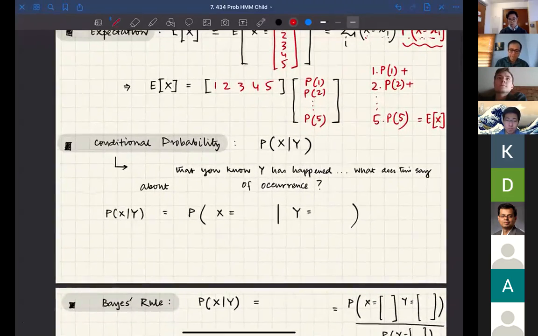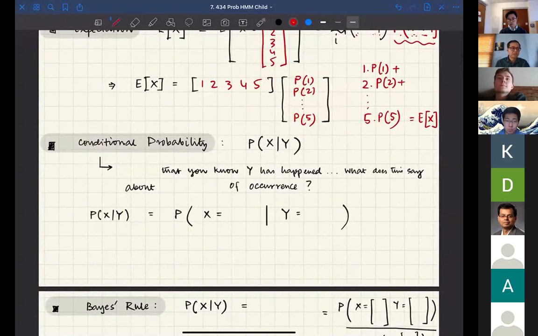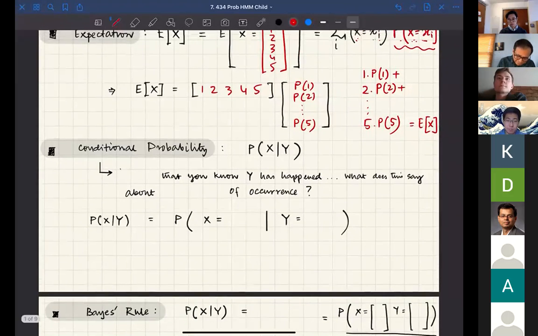Conditional probability. What is conditional probability? Well, you pretend that you know y has happened. What does this say about x's chances of occurrence? That's what conditional probability is.